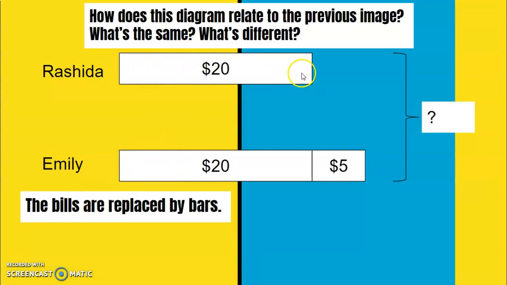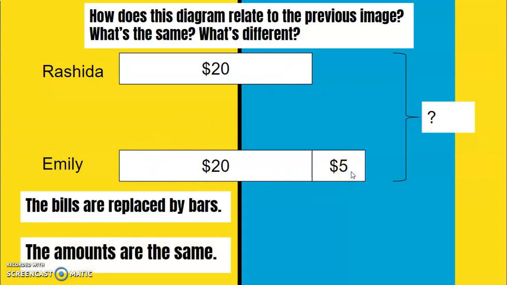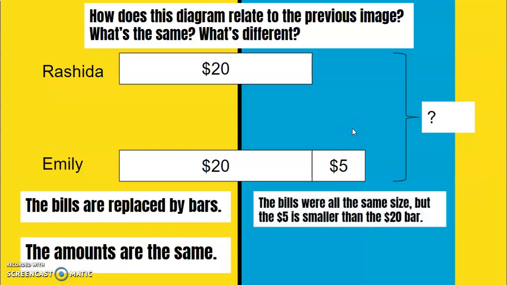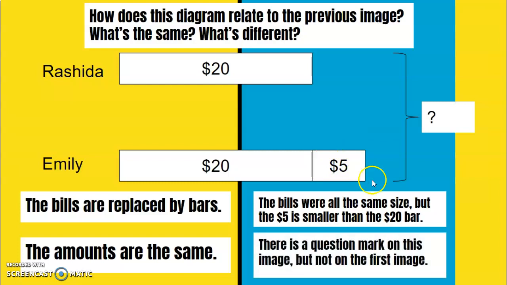Rashida's $20 bill is here, Emily's $20 bill is here, and then her $5 bill. The amounts are the same as looking at the picture with the bills. The bills were all the same size, but the $5 is smaller than the $20 bill.